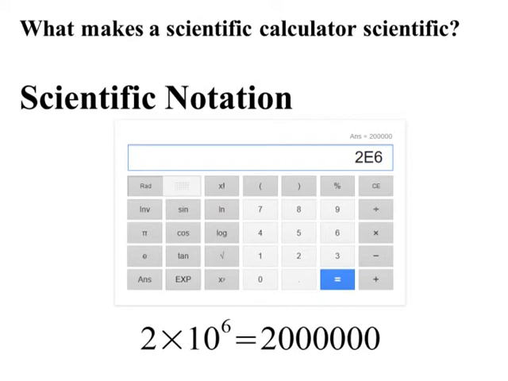Then you would hit 2, then the exp key, then 6, then hit equal, and that would give you 2 million. That 2e6 is another way of writing 2 million.